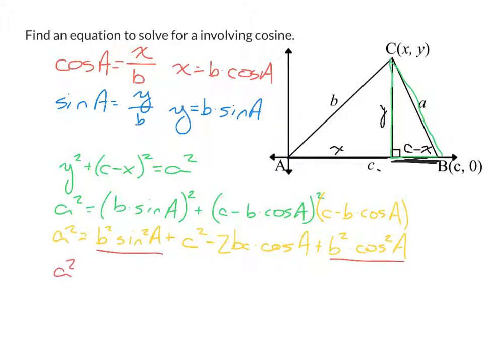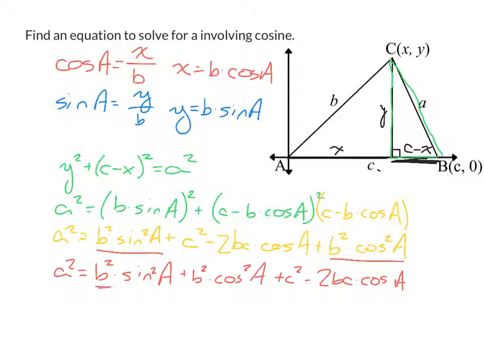So a squared is equal to, and I'll have b squared times sine squared of A plus b squared times cosine squared of A, and then still plus the c squared minus 2bc times the cosine of A. If I factor out the b squared that's in common with both of these, so a squared is equal to, and I'll do the b squared times, and I have sine squared of A plus cosine squared of A, and then still plus c squared minus 2bc times cosine of A.